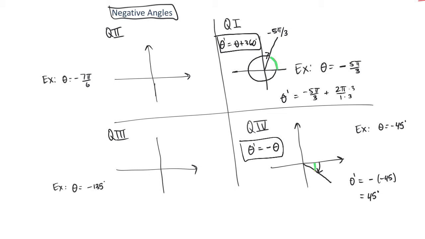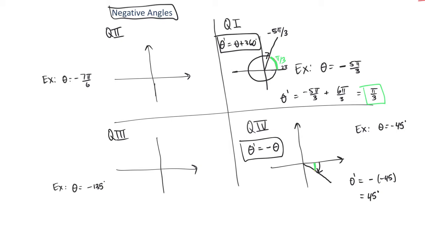So that would be the same thing as adding 6 pi over 3, because we want it to be equivalent to 2 pi. And so then that would give us pi over 3, which is that little missing puzzle piece. There it is. That's the little part right there. That's our reference angle.